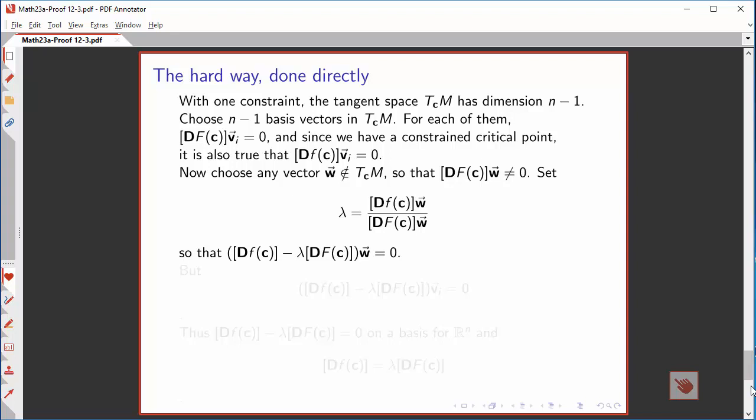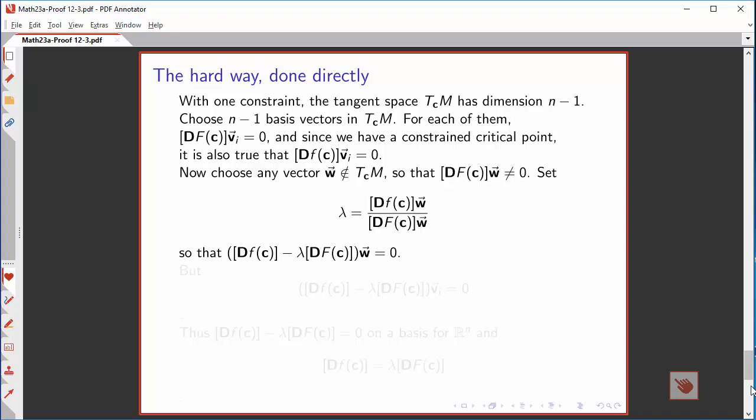Since it's not in the tangent space to the manifold, it's not in the kernel of d capital F, and d capital F acting on this vector W is different from 0. Since it's different from 0, we can divide by it, and I'm going to set lambda equal to d little f acting on this vector divided by d capital F acting on the same vector.